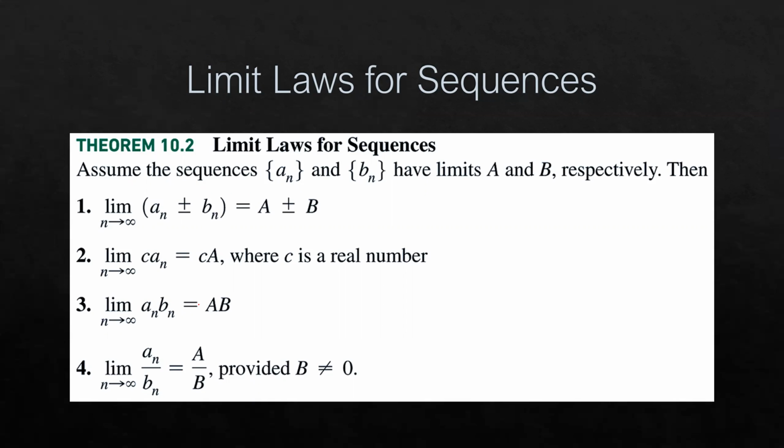The limit of a sum is the sum of the limits. For a constant multiple, you can pull out the constant. The limit of a product is the product of the limits, and also a quotient as well, as long as the denominator is not 0.